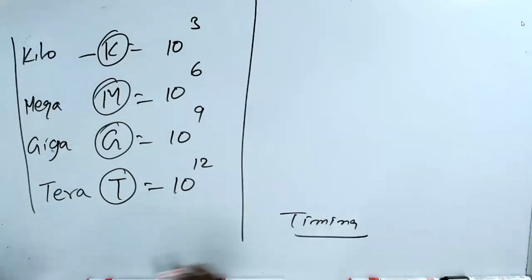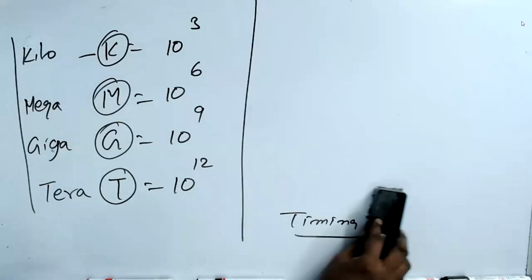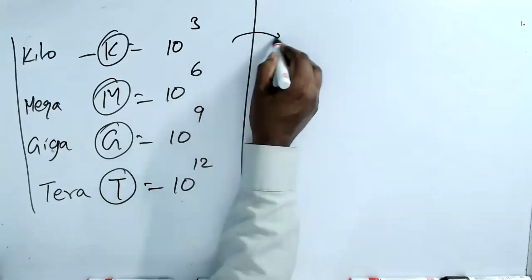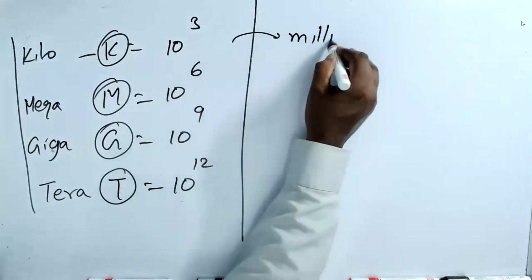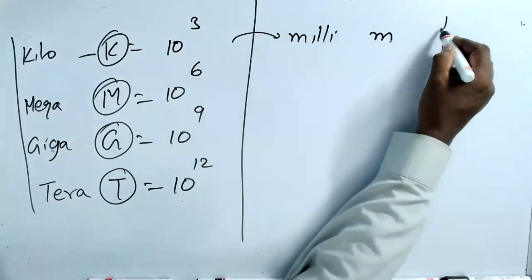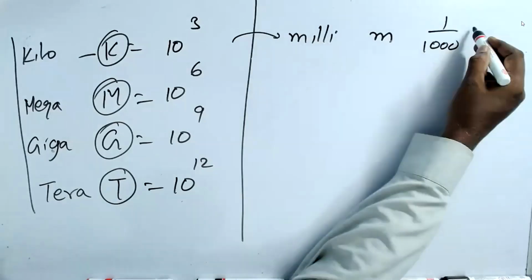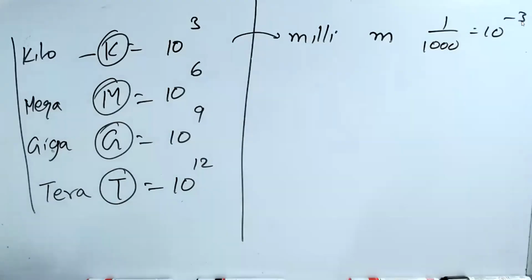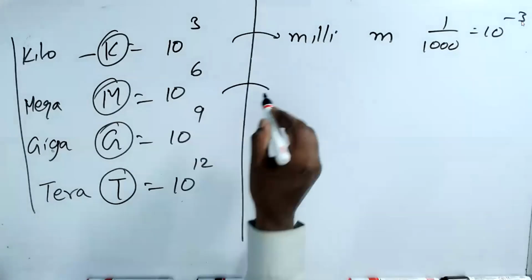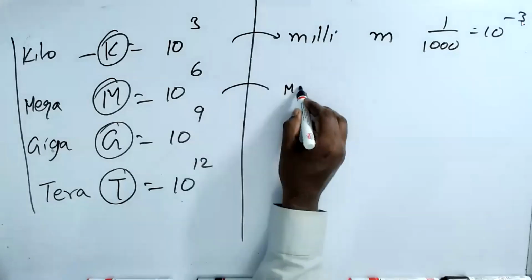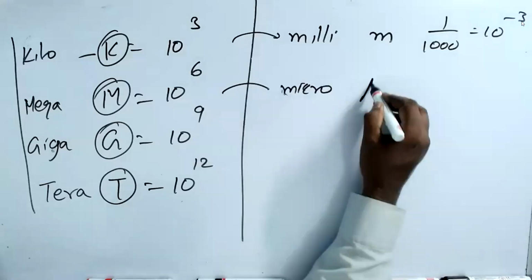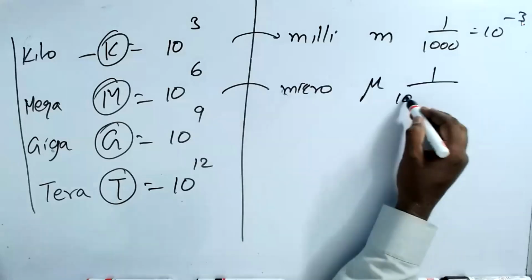Now, the opposite of kilo is milli, that is m, 1 by 1000 or 10 power minus 3. The opposite of mega is micro, 1 by 6 zeros, or 10 power minus 6.